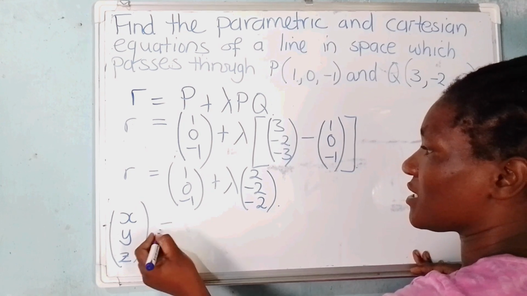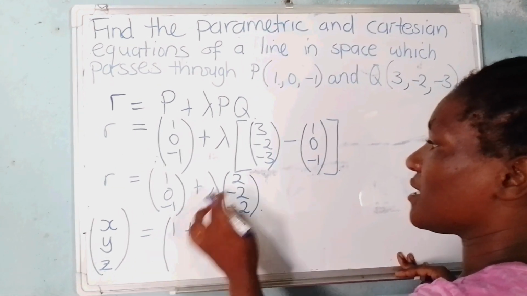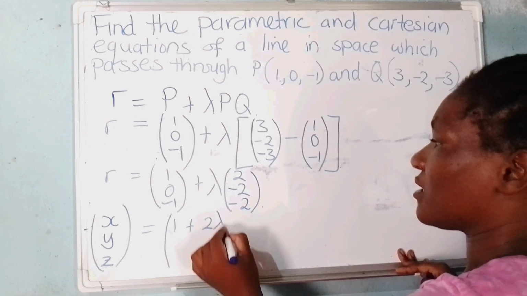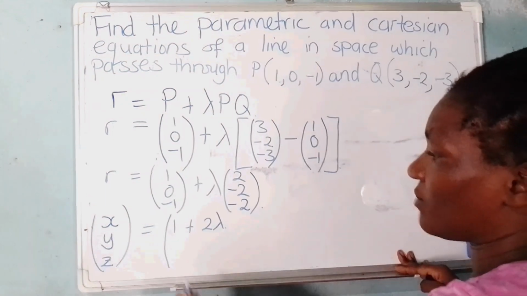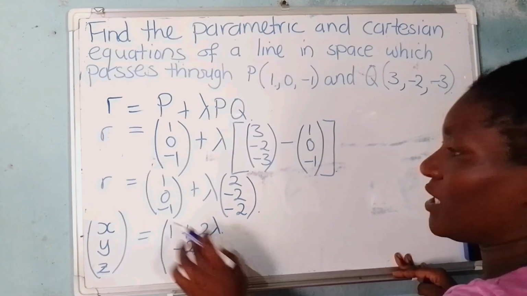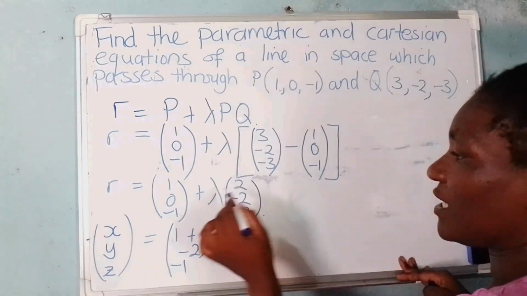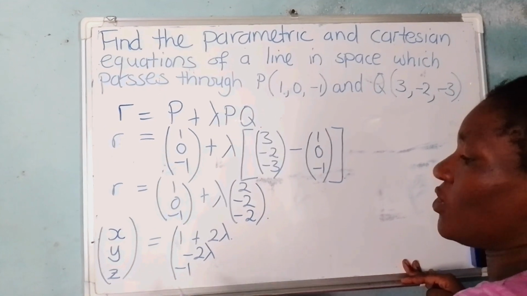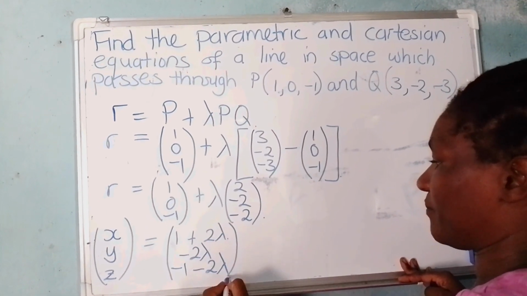So (x, y, z) is equal to 1 plus 2λ, 0 plus -2λ, which becomes -2λ, -1 plus λ times -2, which is -2λ.